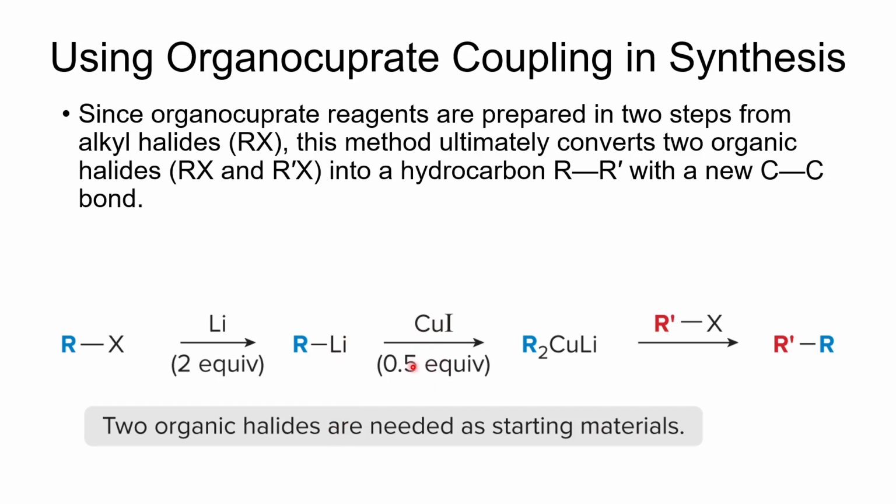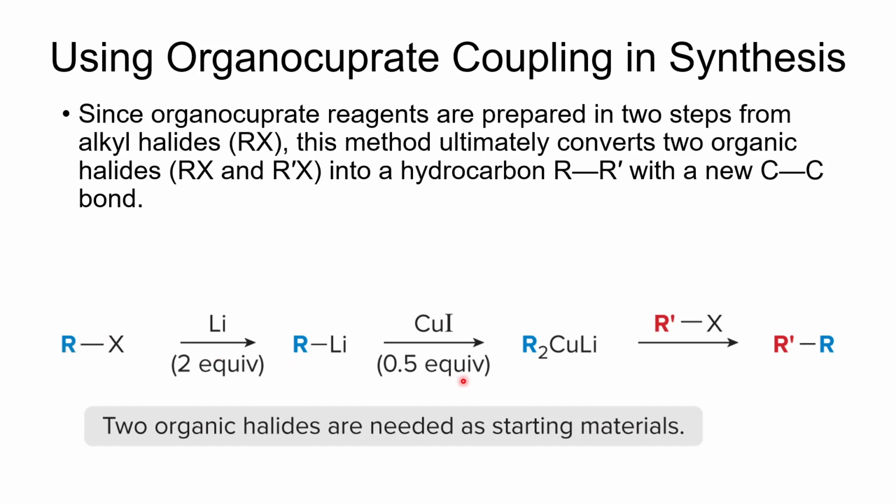We only need half of an equivalent of this per equivalent of this, and we will get the organocuprate. And then we can take that organocuprate and react it with another alkyl halide. We have a few more options on this, but we'll make a new bond between this carbon and the alkyl halide and this carbon.